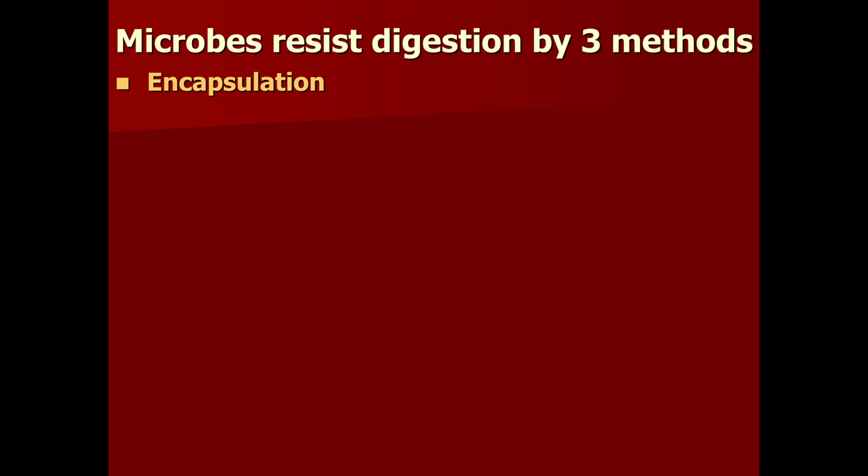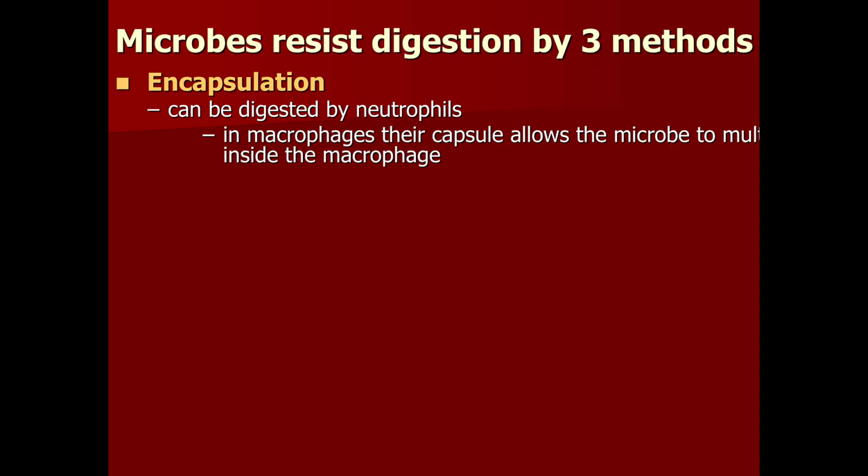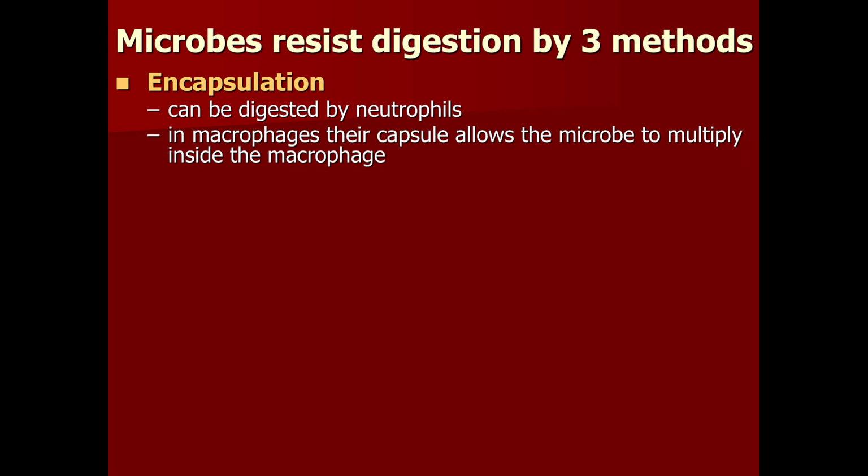Now, microbes themselves have also evolved ways to defend themselves against your immune system. There's a molecular arms race happening constantly between your immune system and microbes themselves. The microbes are always developing new weapons to use against our defenses. So many microbes can resist digestion by encapsulation. In macrophages, for example, the capsule allows the microbes to actually live within the macrophage, and these capsules can prevent lysosomal fusion.